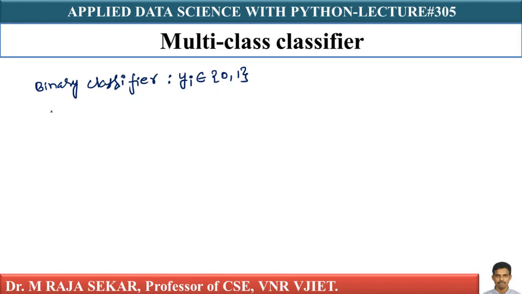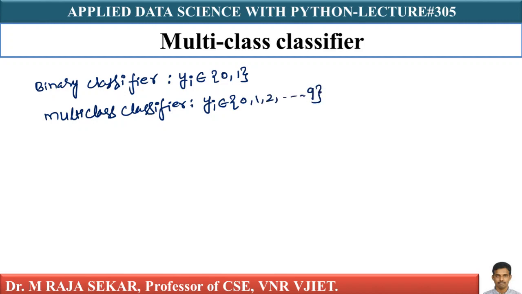A multi-class classifier, on the other hand, is one where your yi belongs to, let me say, 0, 1, 2, so on up to 9.